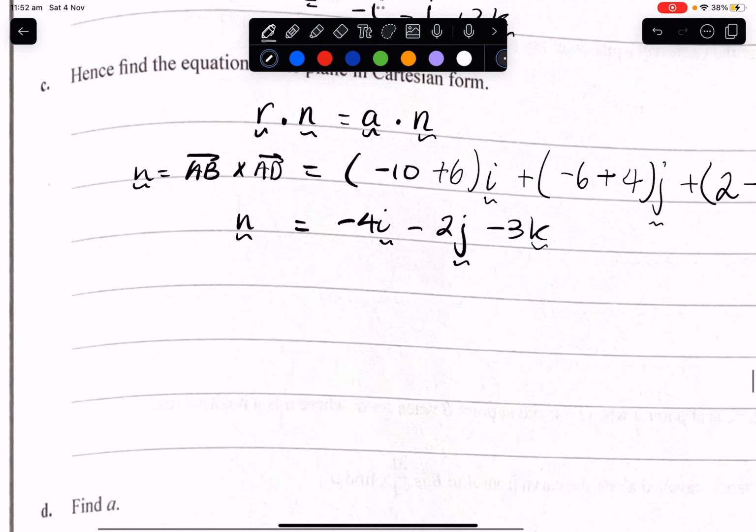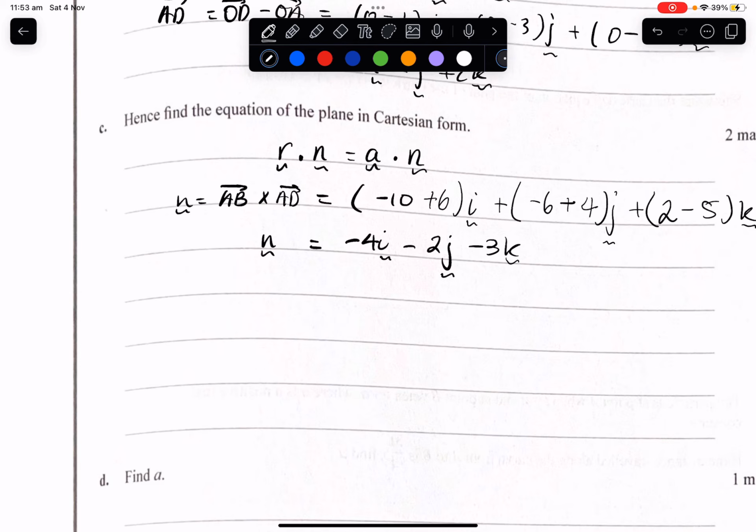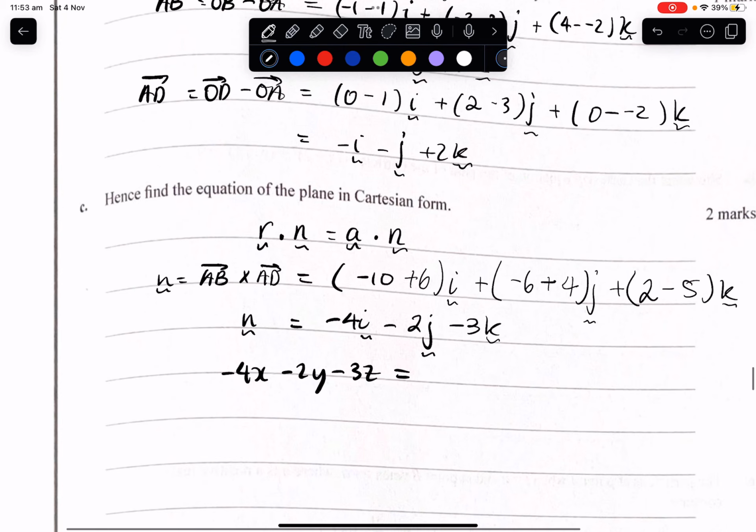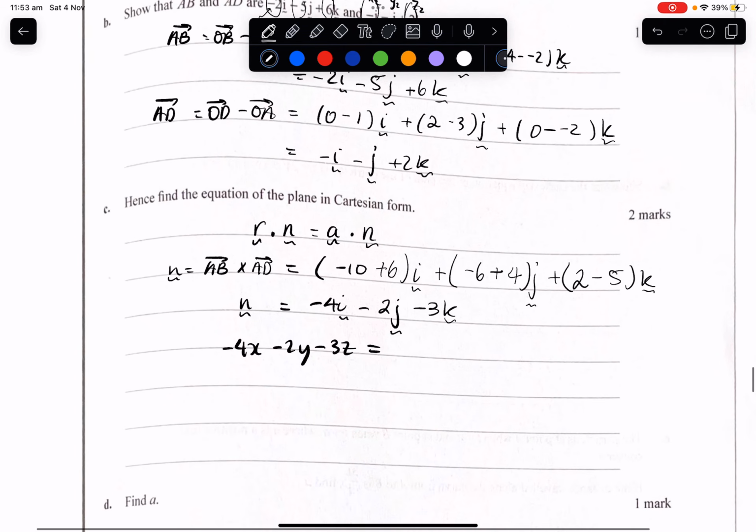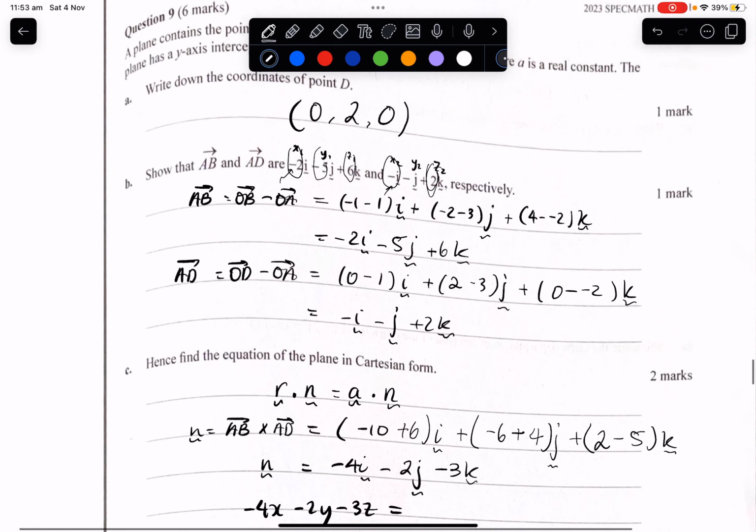And that means you can write the left-hand side as negative 4x minus 2y minus 3z, and that's equal to the dot product of any of the points and n. So I'll just do D because that's the easiest.